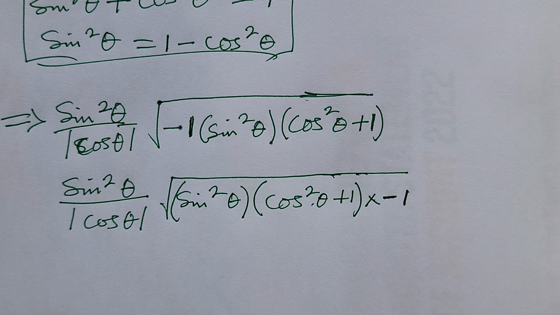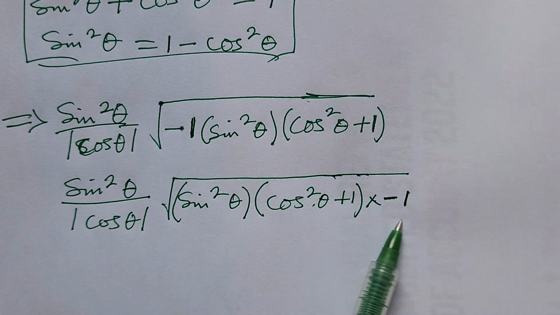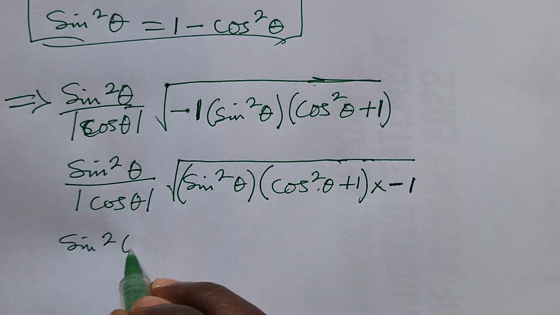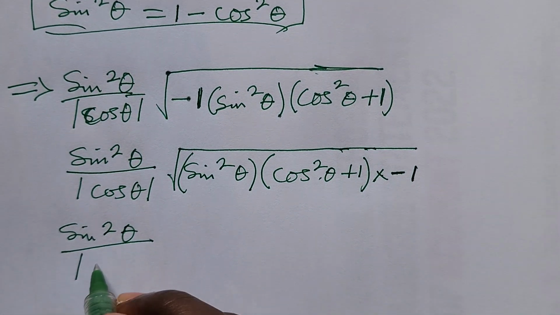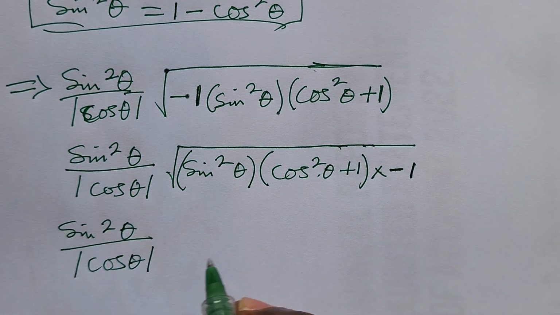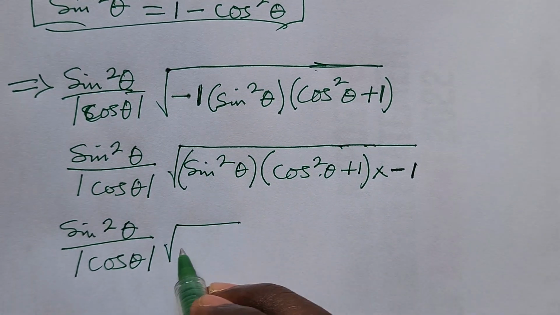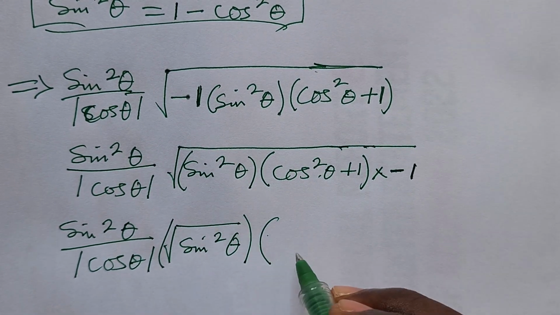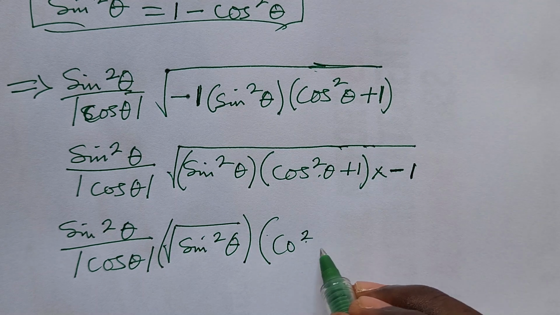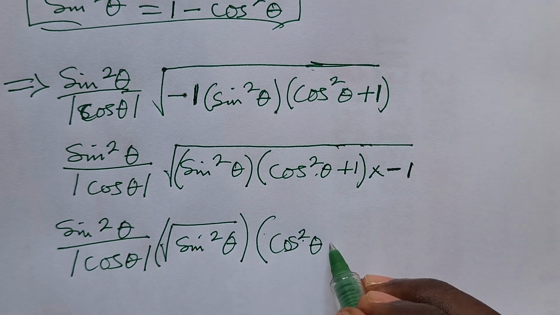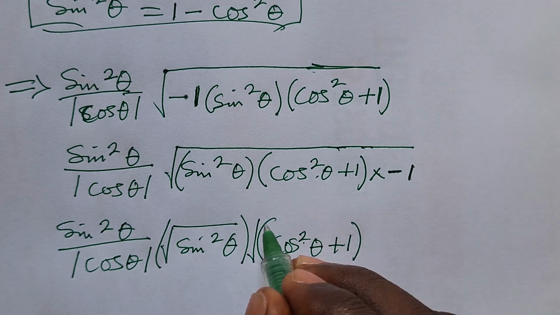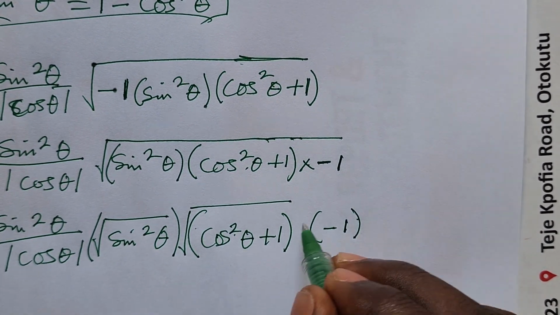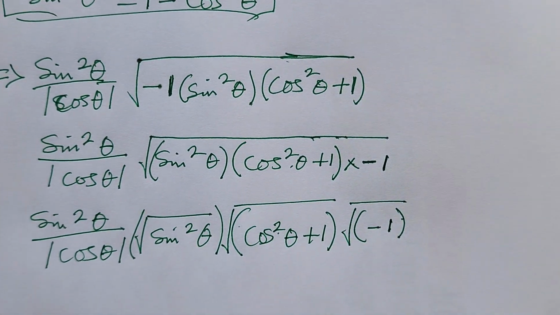Something sweet is playing out here. We can separate each of these quantities. So this is going to give us sine square theta all over the absolute value of cos theta, then into our sine square theta. Let's keep this separately. Then into cos square theta plus 1, bracket into its whole square root, then into minus 1, bracket with square root.